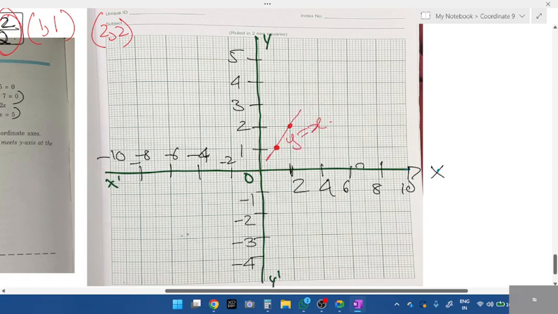Y is equals to X. Seventh question. Y is equals to x.